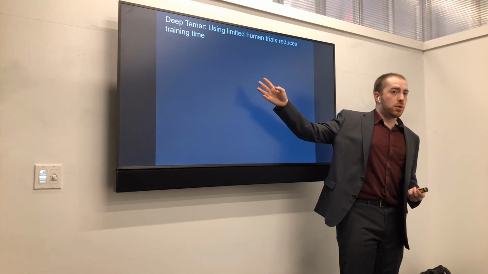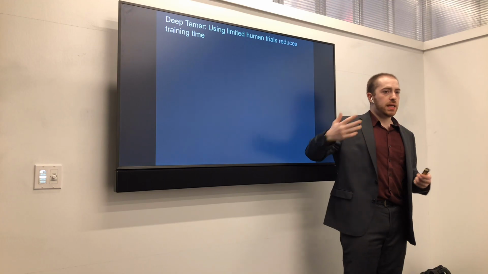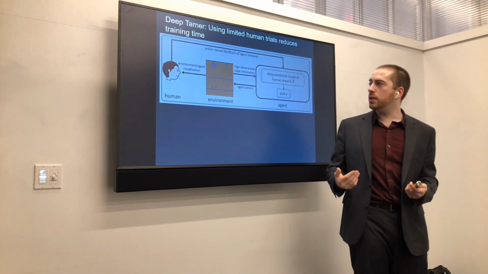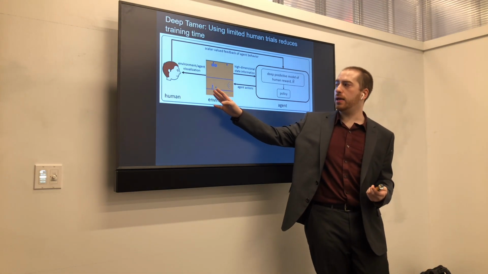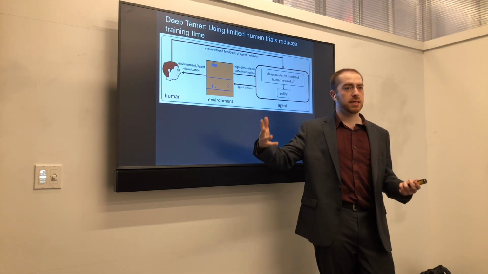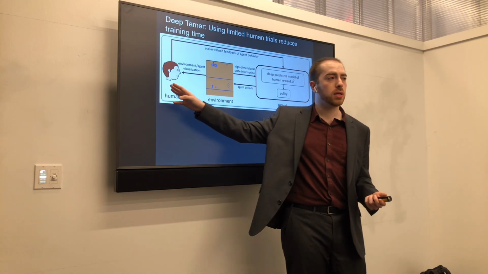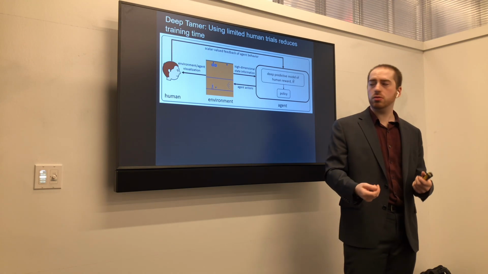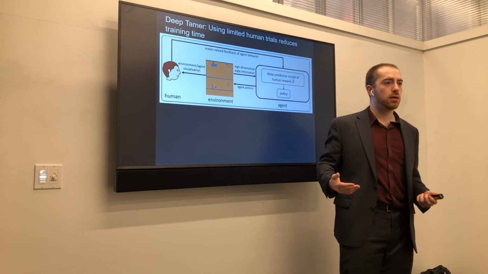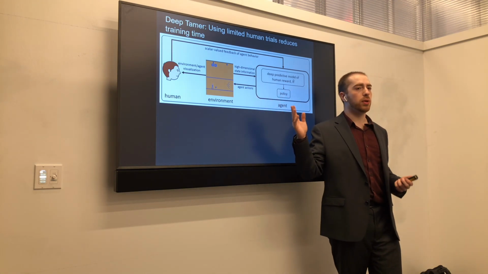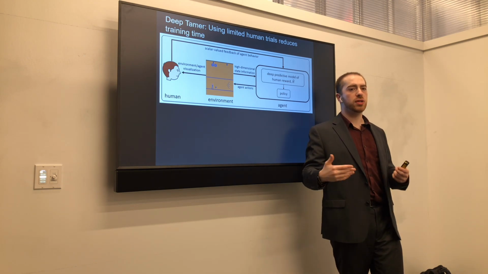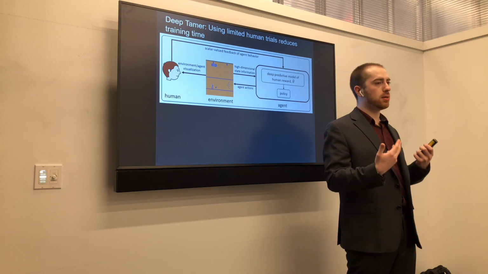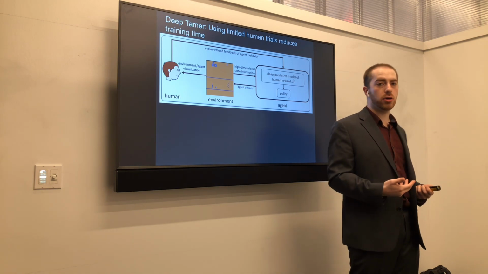So I want to mention Deep Tamer because it was a very good paper for speeding up simulation. They basically took human in the loop data from an environment, in this case bowling. They had a human operator control the bowling agent, collected that as ground truth data, and used that to seed a reinforcement learning policy, which they then trained on its own to perform the task better than the human operator did.